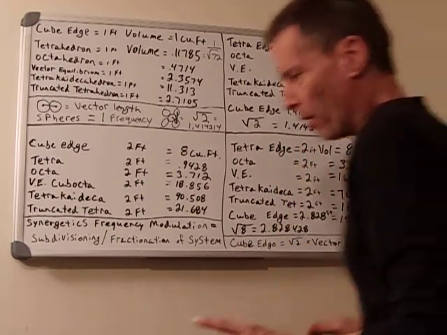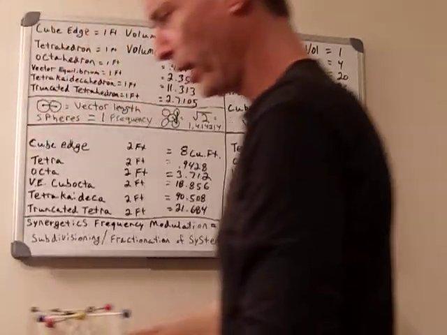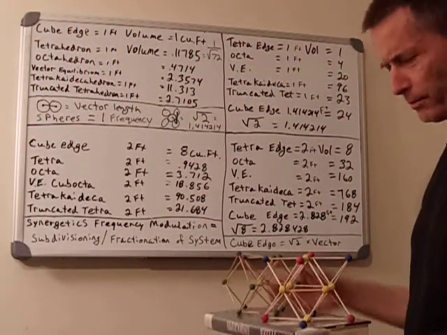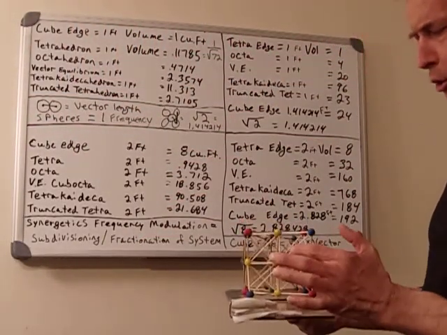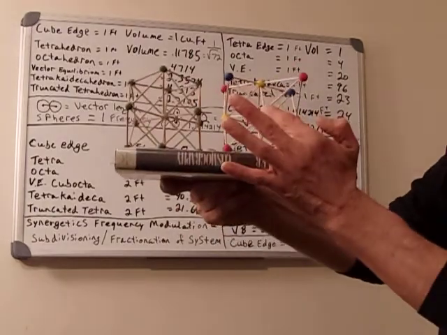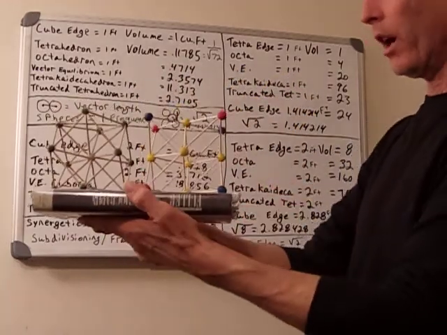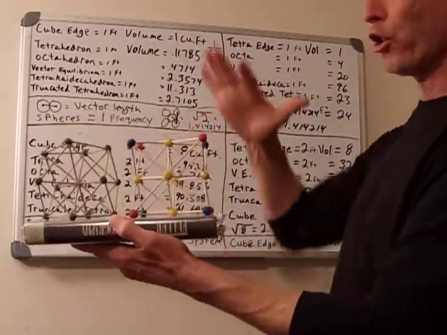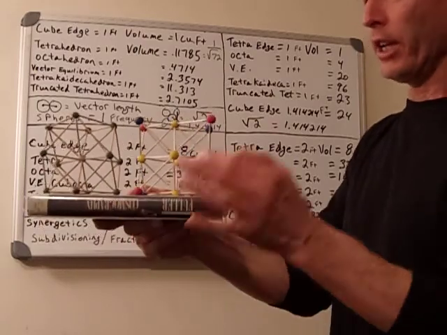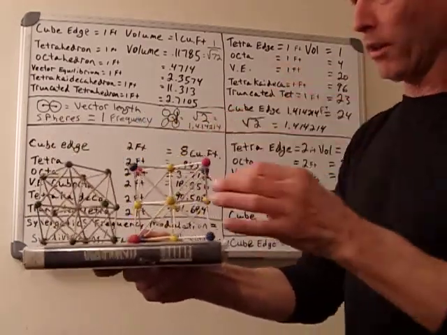So when the tetrahedron grows and grows and grows, the cube shows up as a metric that looks like this. This is a cube, this is the vector equilibrium. Every 6th frequency of tetrahedral development, you can truncate that tetrahedron into a cube of next greater size.